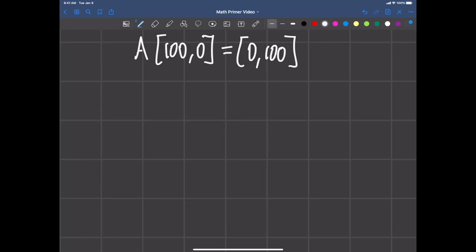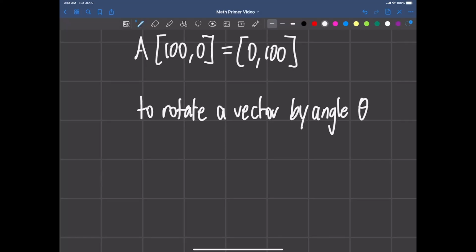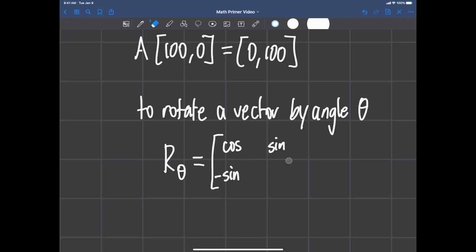The general rotation matrix to rotate a vector by angle theta is equal to cosine theta, negative sine theta, sine theta, cosine theta.